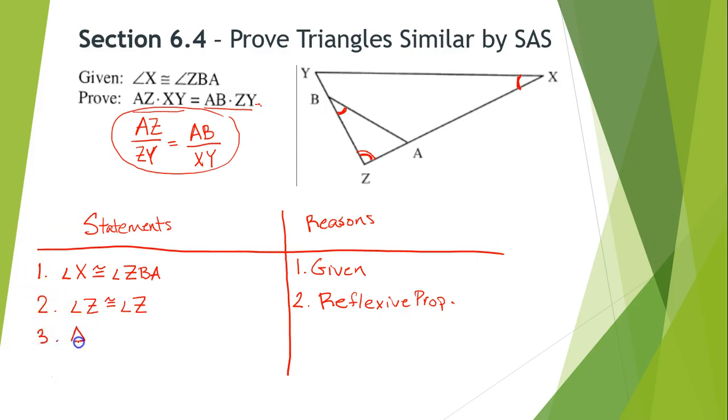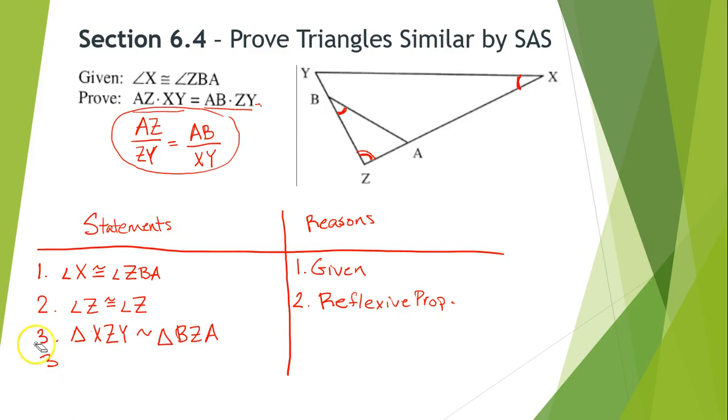Knowing the congruent angles, we know that triangle XZY is similar to, since we started with this angle, the congruent angle from the small triangle, triangle BZA.